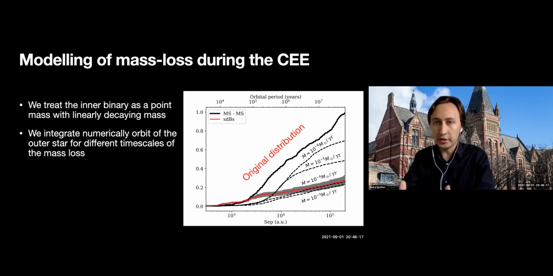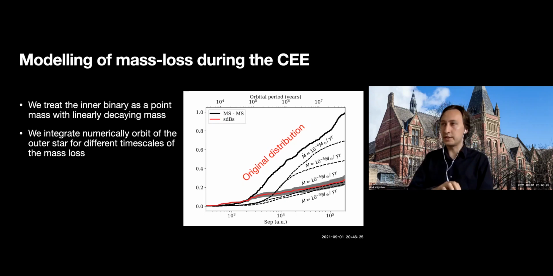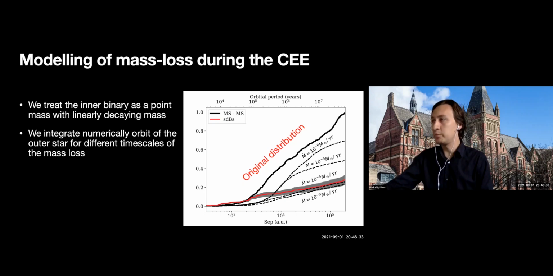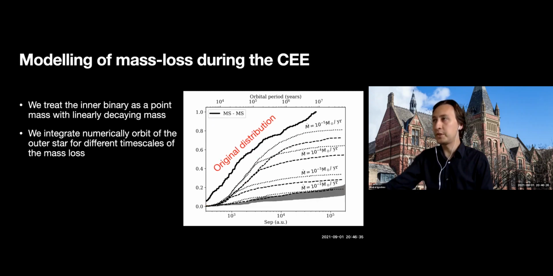But during the common envelope evolution, part of the mass is lost and the binary gets wider. So there is an additional increase in the number of systems at 2,000 astronomical units. To match it better with our observations, we performed alternative simulations.